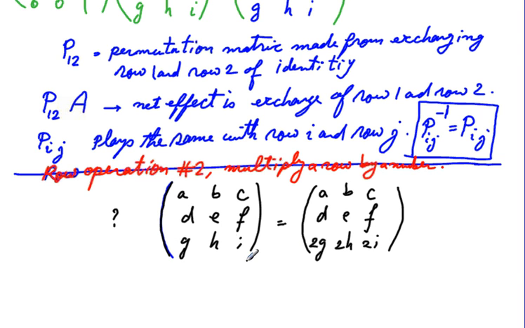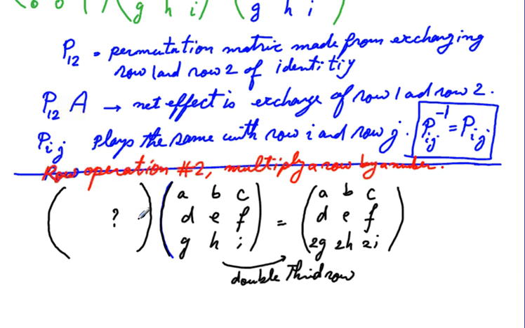I want to do an activity here which is equivalent to double third row. Let's see if that action can be obtained by matrix multiplication. So I ask, is there a matrix that if I multiply with this guy, its net effect is double the third row?